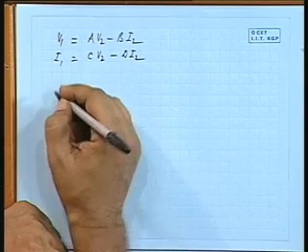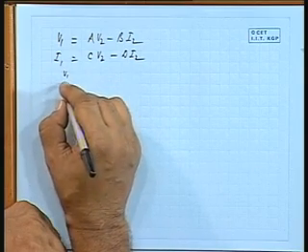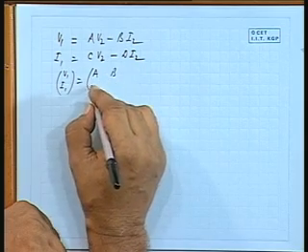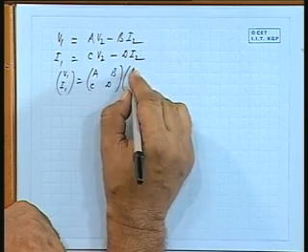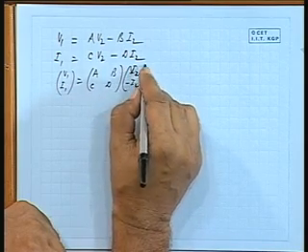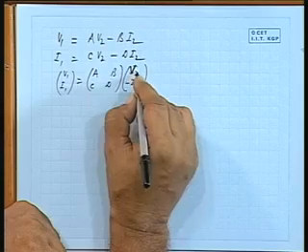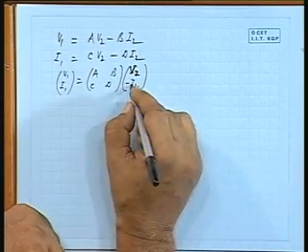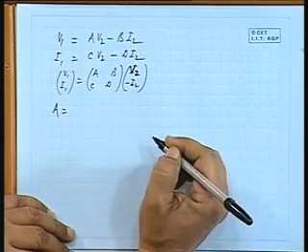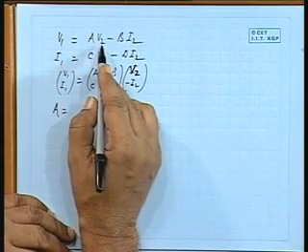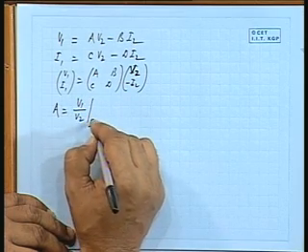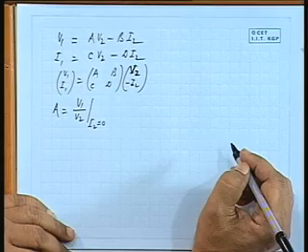Or in matrix form, V1, I1 equals the matrix A, B, C, D times V2, minus I2. So, what will be A? V1 by V2 when I2 is 0. Is that all right?